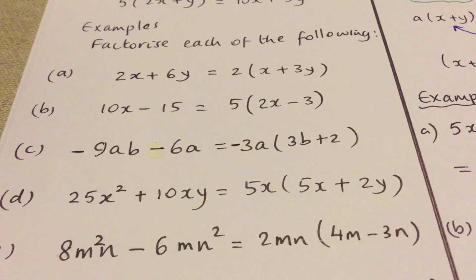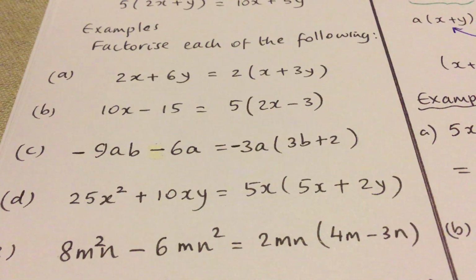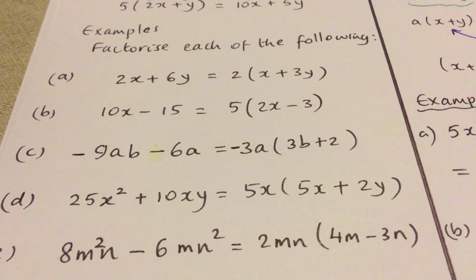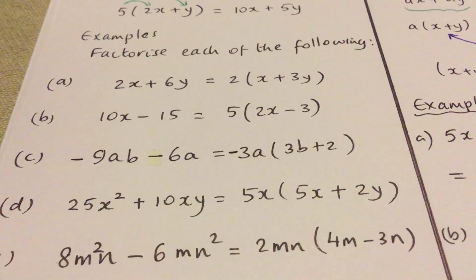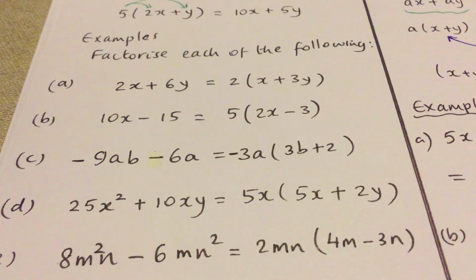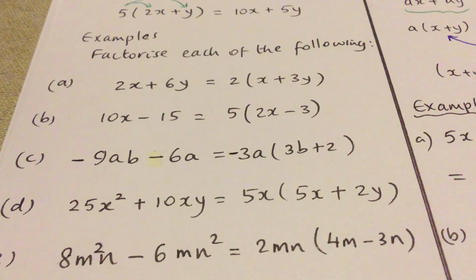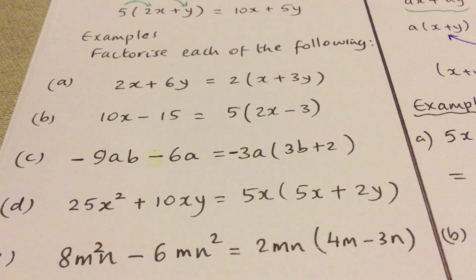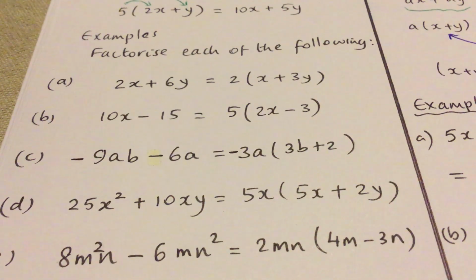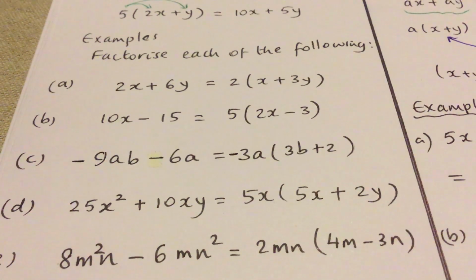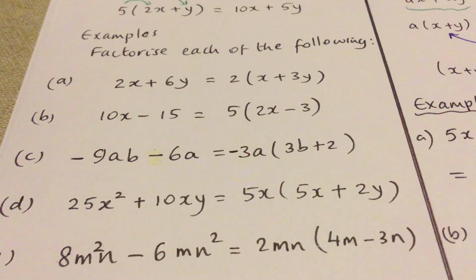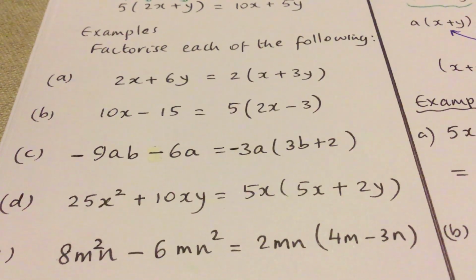M times what will give me m squared is just another m, and the n is already out there, so don't worry about the n. Same thing, 2 times what will give me 6, that's 3. 2 times m times what will give me, there's no m's there, so it's already out, and n times what will give me n squared, so that's another n, and that's the answer.